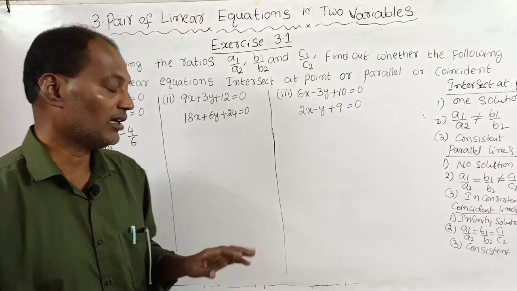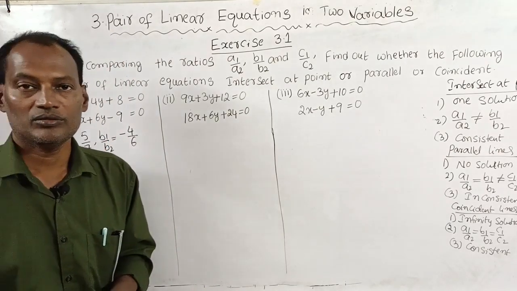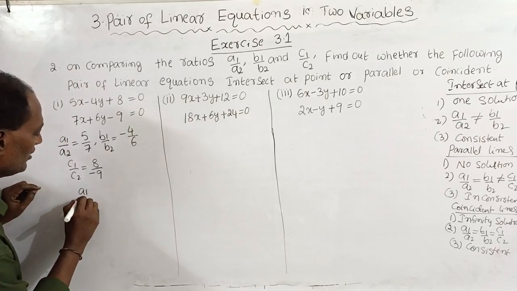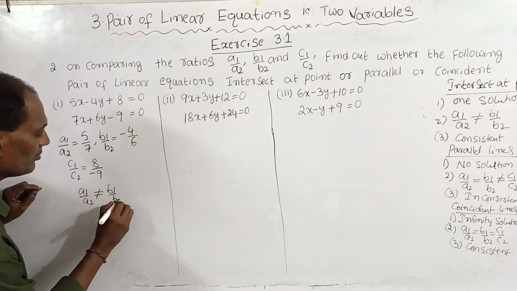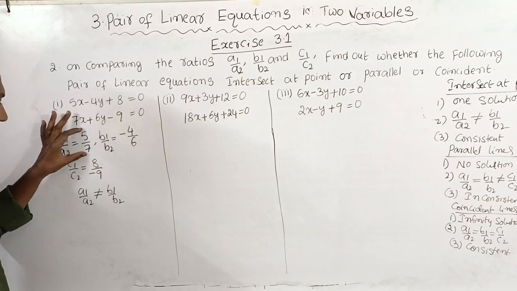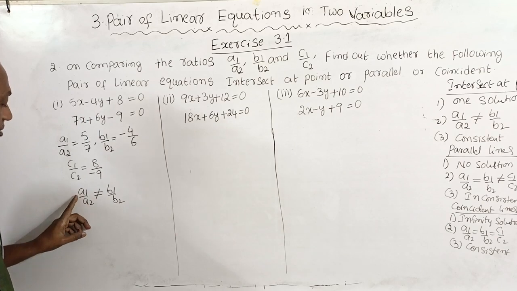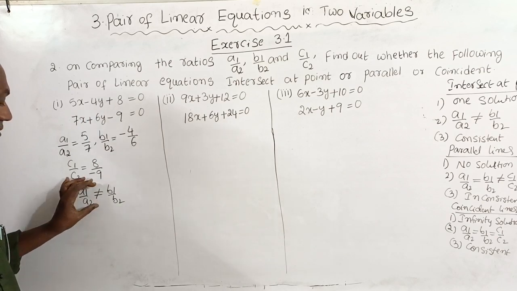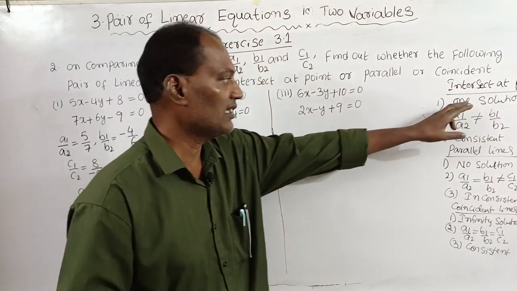Now see the values a1 by a2 and b1 by b2. What can we say? a1 by a2 is not equal to b1 by b2. After seeing these values, both are different. That's why we write a1 by a2 not equal to b1 by b2. This formula belongs to intersect at point.